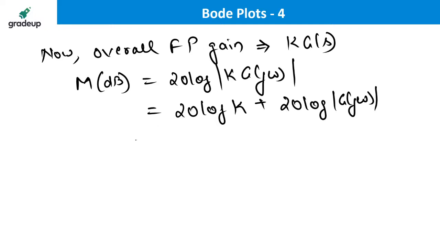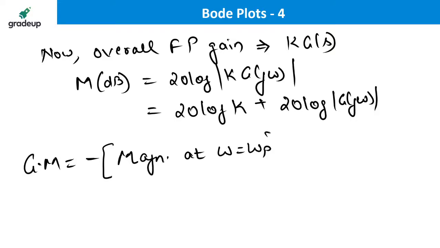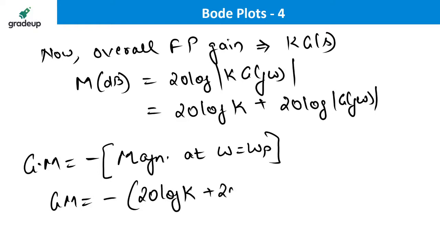This is the magnitude function, but what is the gain margin? Gain margin is the negative of this magnitude at omega equal to omega p. So gain margin will be given by minus of 20 log k plus 20 log mod of GJ omega p.